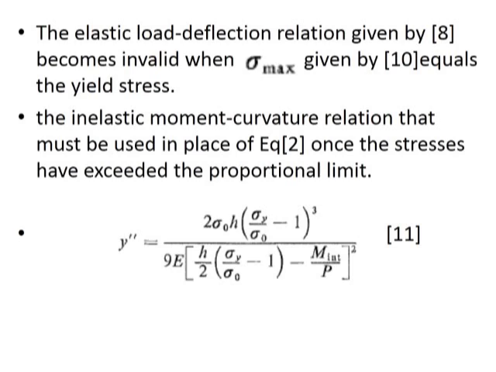The inelastic moment curvature relation must be used in place of equation 2 once the stress has exceeded the proportional limit, and we get the equation y double dash is equal to 2 sigma naught over h into (sigma Y by sigma naught minus 1) whole cube divided by 9 into E h by 2 into (sigma Y divided by sigma naught minus 1) minus internal moment divided by the whole square.